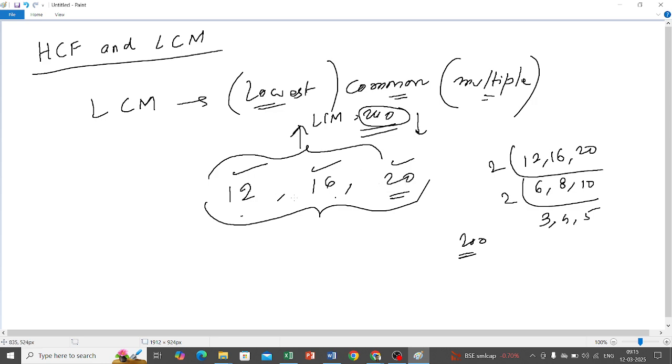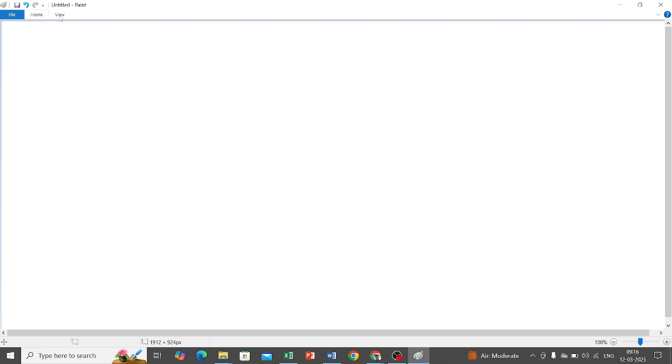Now why am I saying that LCM is the leader of a set of numbers? See, say for example there is a question, or I'm giving you a simpler example. Say 12, 16, 20. Now I want to find out a 4-digit number which is divisible by each of the three of them.